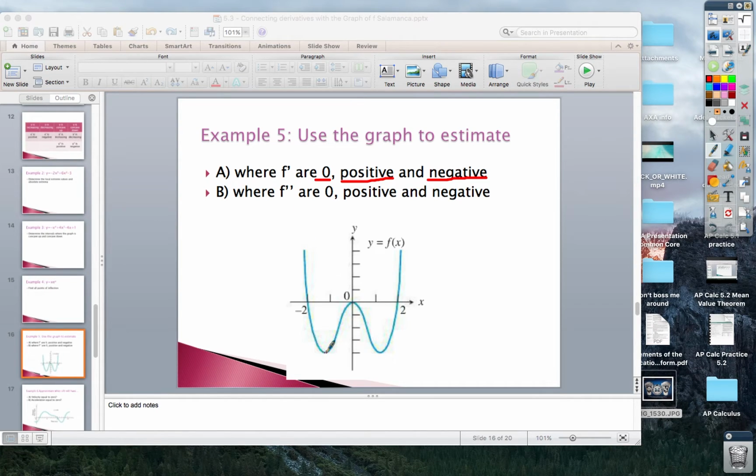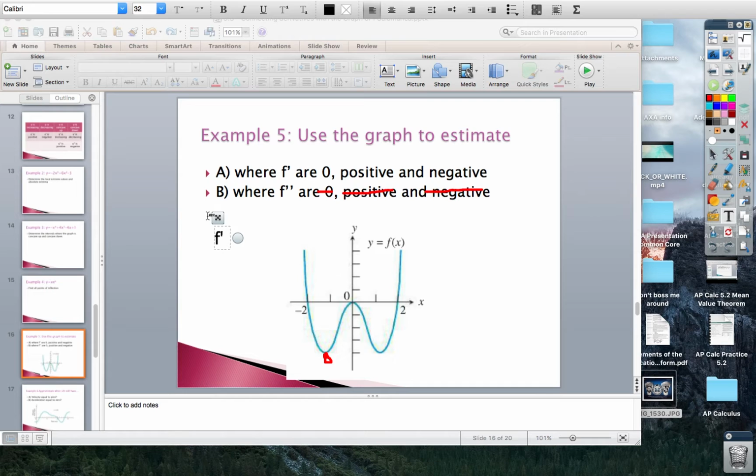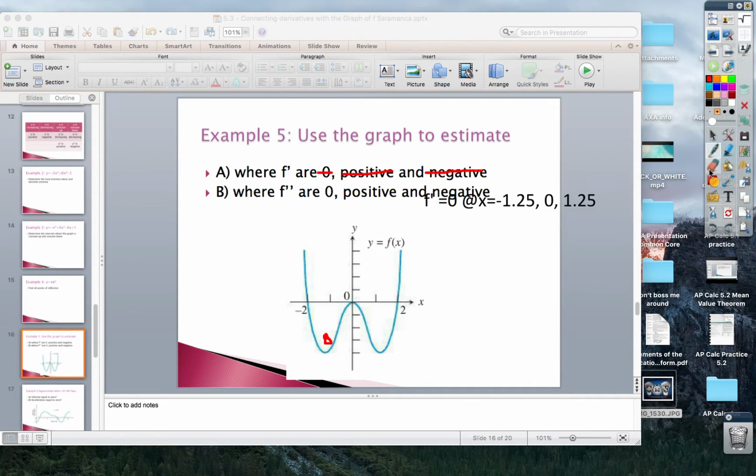It tells us when this graph has a max or min. So right here, this is at a min. So f prime equals 0 at x equals negative 1.25, 0, and 1.25. Because you'll notice it crossed here at negative 1.25, crossed at 0, and at positive 1.25. So that's where f prime is 0.